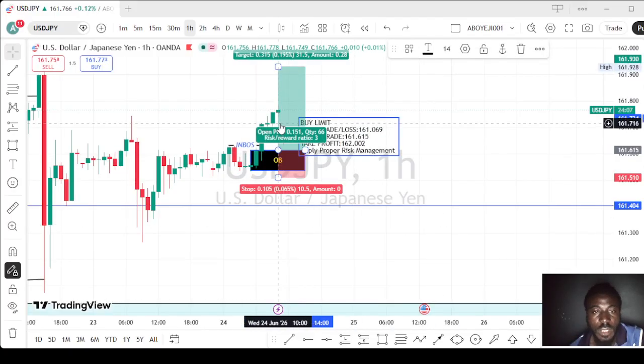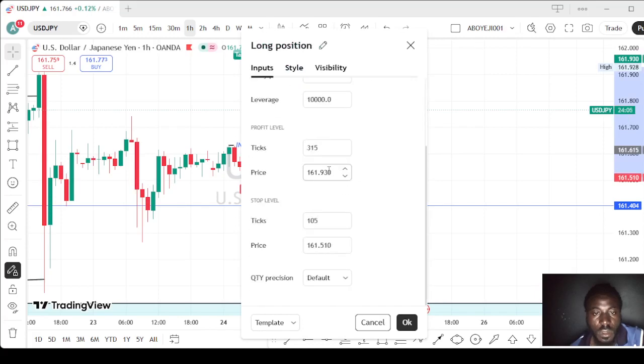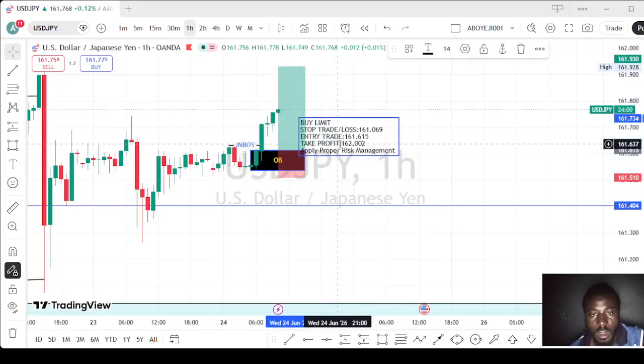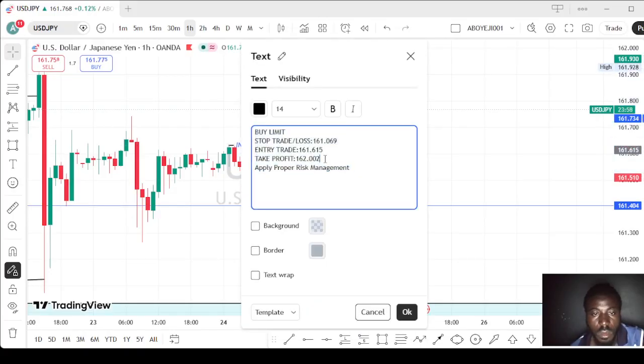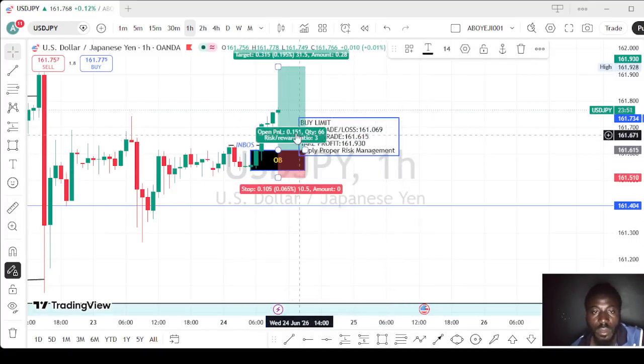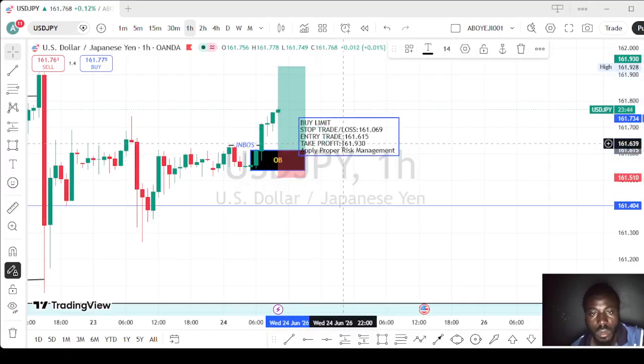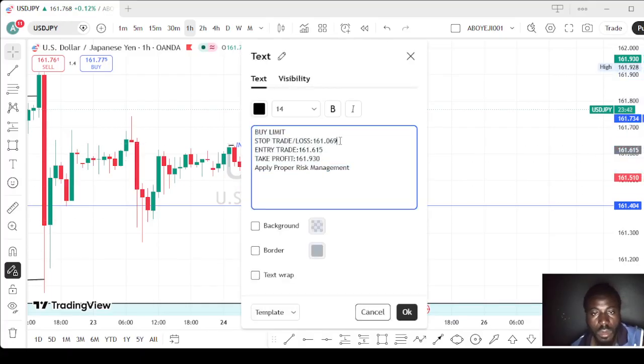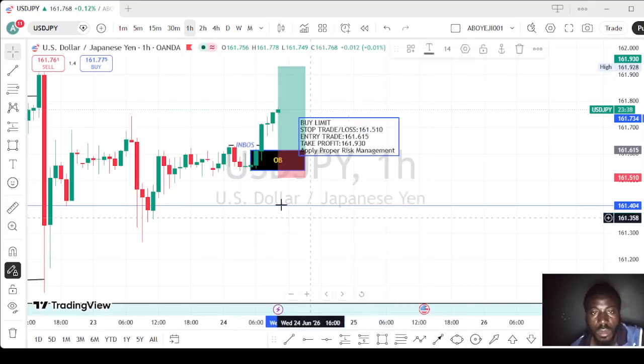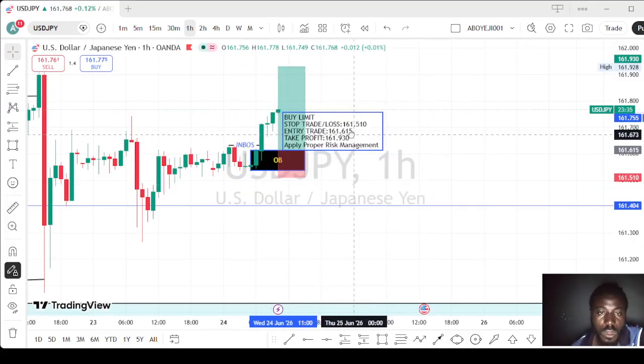This is what the chart gave us. So I'll stop the trade. So this is what we are having.